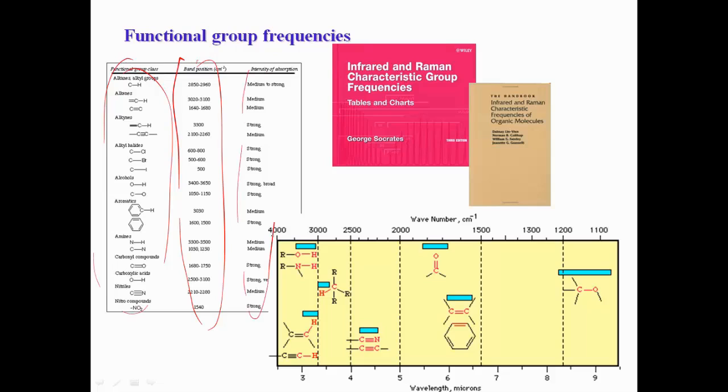You can see here you describe a band as weak, medium, or strong, so they have different characteristics in the intensity as well. So this again is what you would use. You can see there are books written on this type of analysis. And again, here's another example of classifying different types of functional groups.